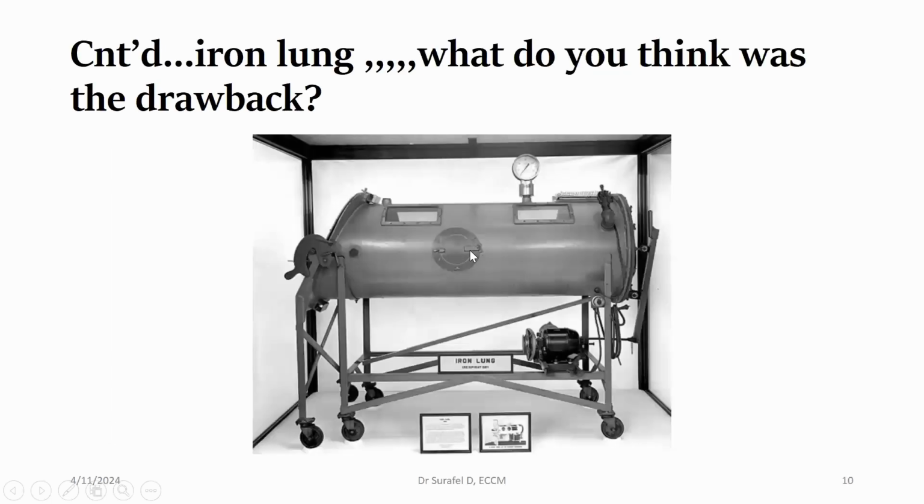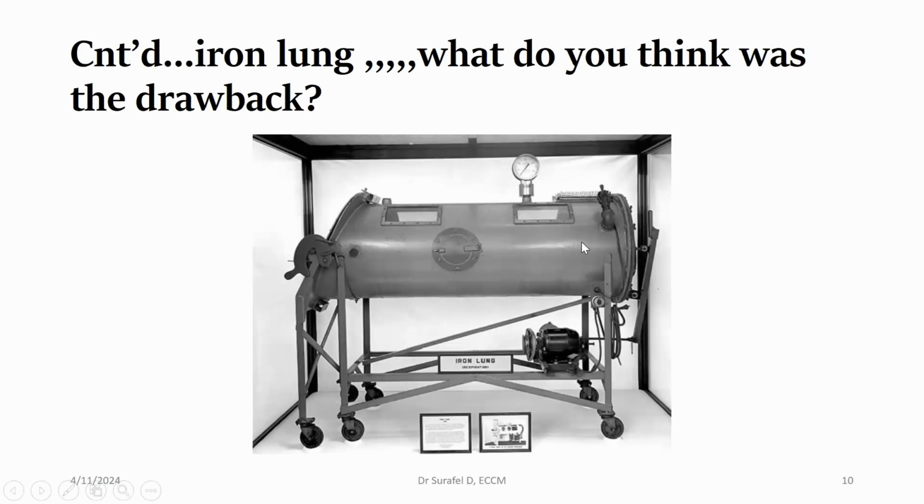It was initially used by a rich American financier, if you remember the history. He was visiting China and was struck by polio, and he was put on an iron lung. And he fathered 3 children actually. He was married and he stayed in this iron lung for more than 2 decades.